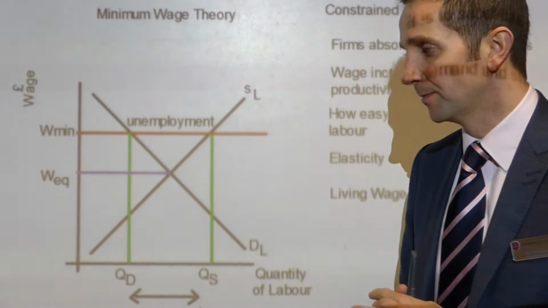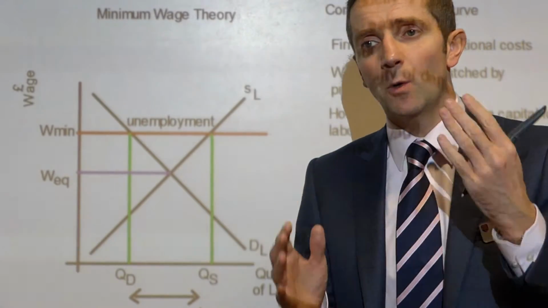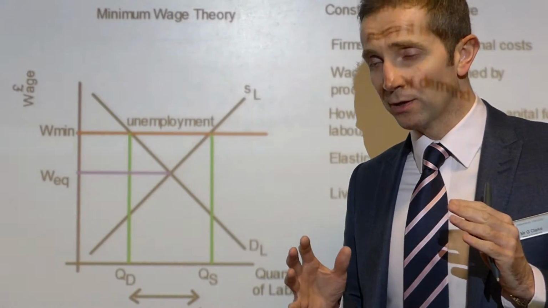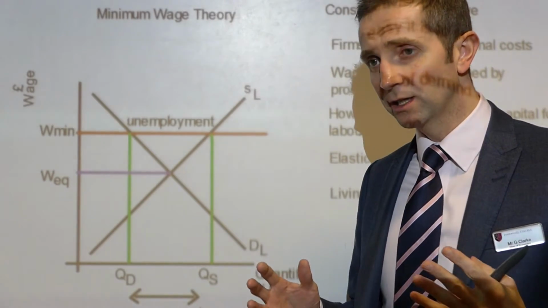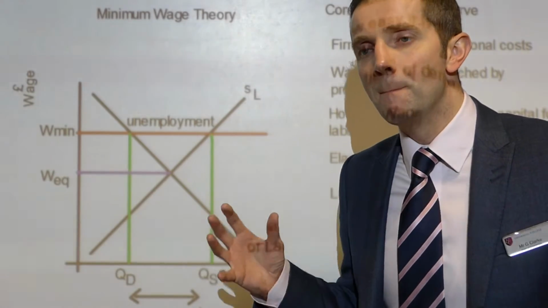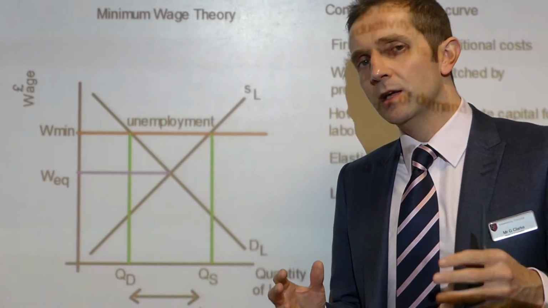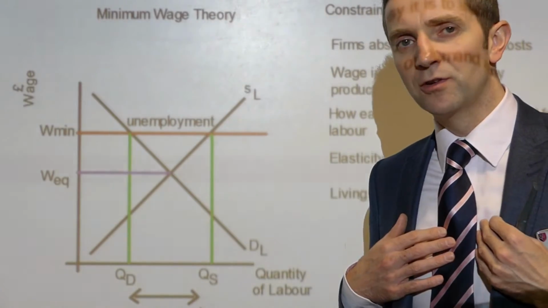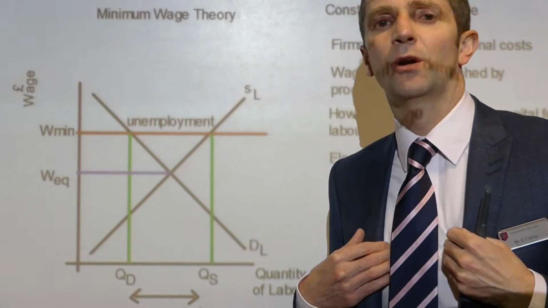And so the distance between the supply and demand curve, in theory anyway, when we introduce a minimum wage, should lead to unemployment. And indeed, ladies and gentlemen, that was the fear some years ago, whenever it was first mooted, that the minimum wage would introduce much more unemployment into the economy. Employers were coming on the radio and the news media saying, we cannot bear the cost of this ourselves.